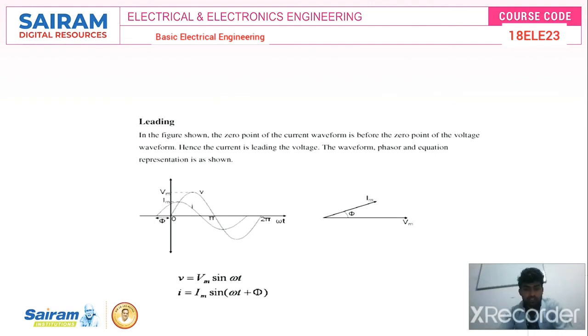So finally, leading phase, lagging phase, in phase. In phase is for resistance, lagging phase for inductance, and leading phase for capacitance. So finally, in this module 2b, we discussed generation of AC voltage and waveform and definitions of cycle, time period, instantaneous value, peak factor, form factor, RMS value, average value, and phasor representation of alternating quantities.